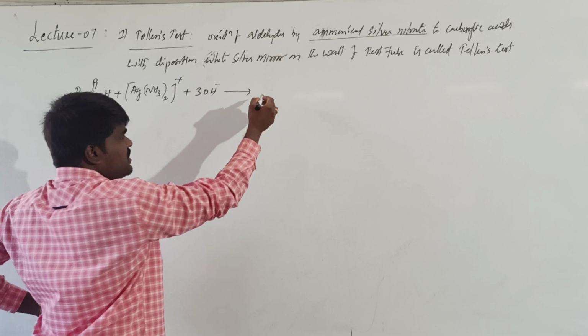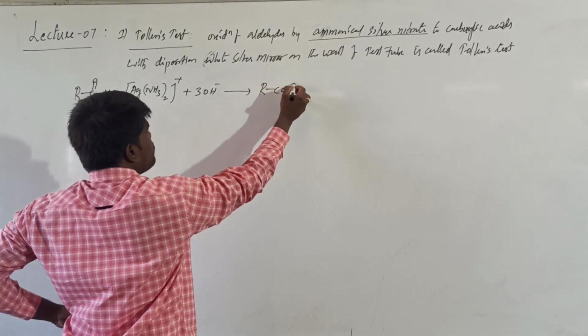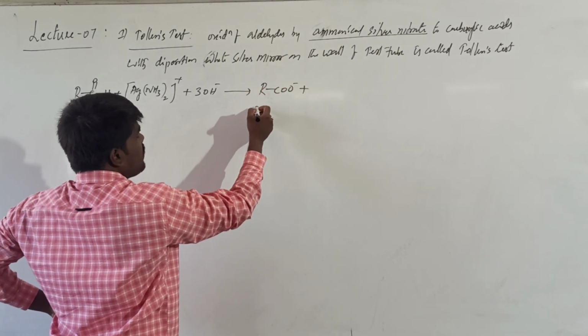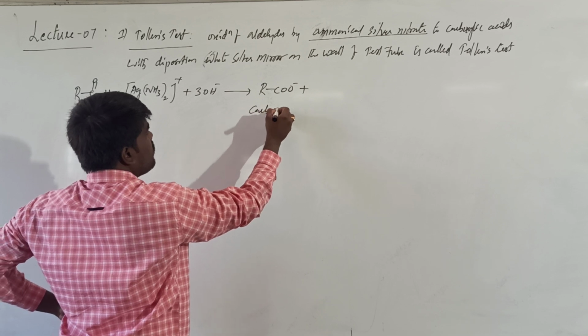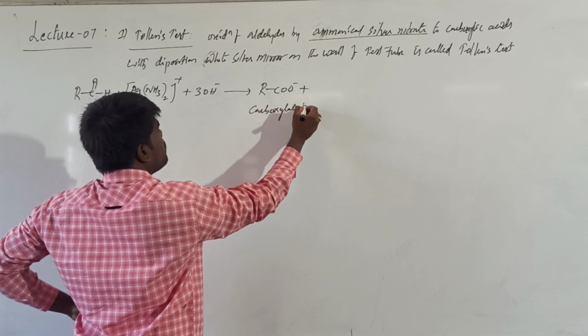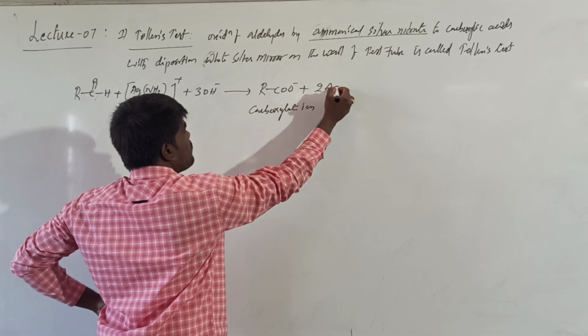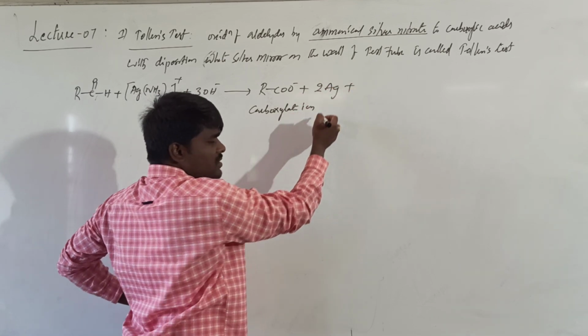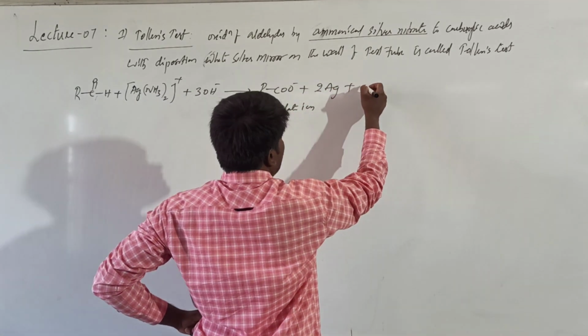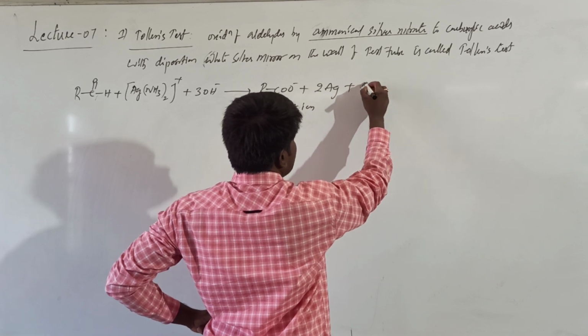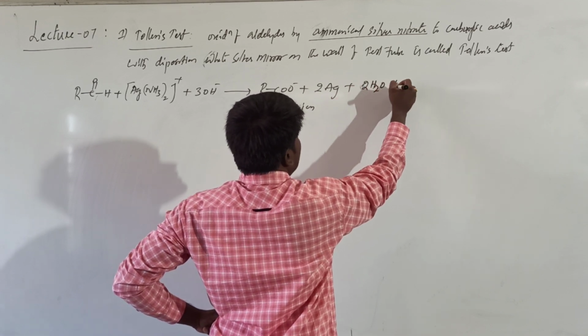I am giving the equation as given in the textbooks in order to avoid confusion. This is a carboxylate ion, and you will get the silver mirror deposited on the walls of the test tube, along with the formation of water and 4 moles of ammonia.